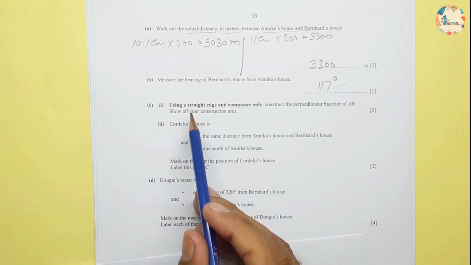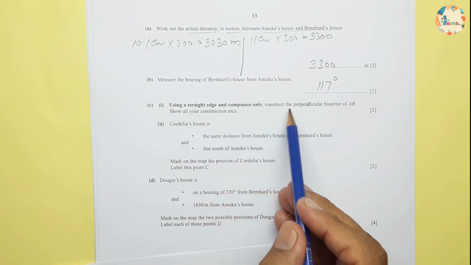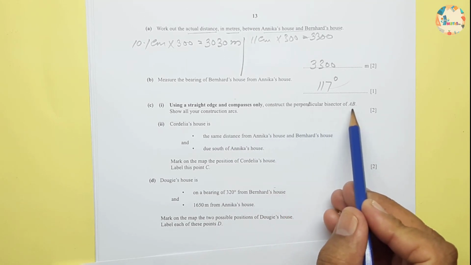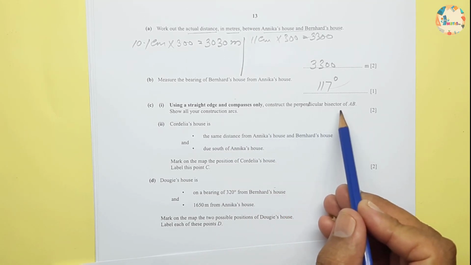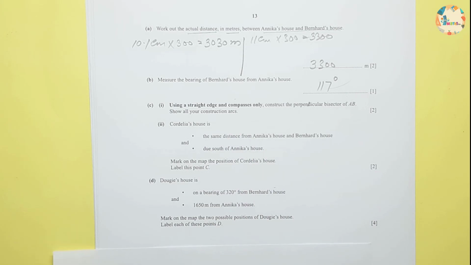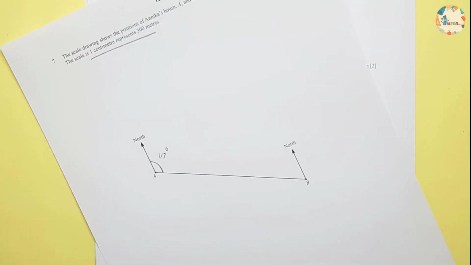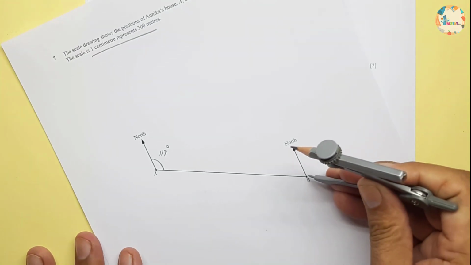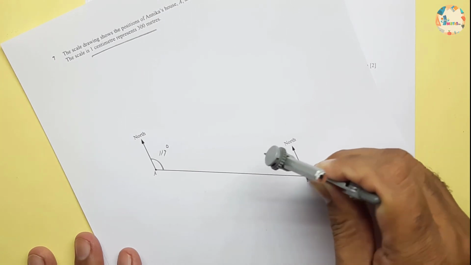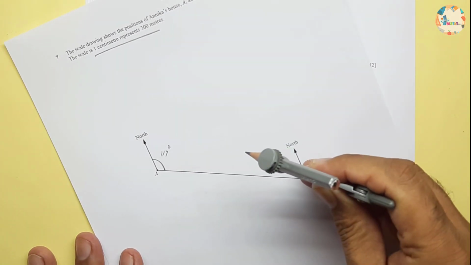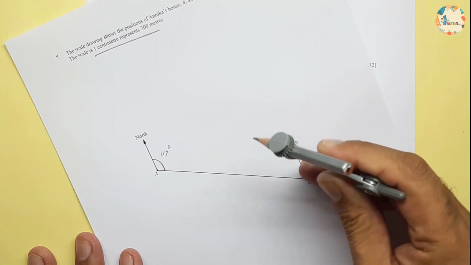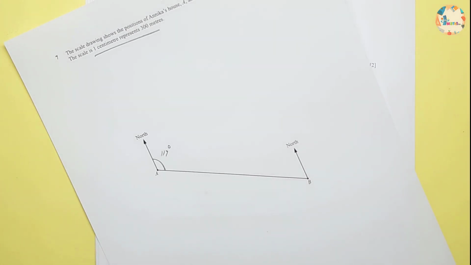Using a straight edge and compass only, construct the perpendicular bisector of AB. Show all your construction arcs. So the perpendicular bisector of AB, we can draw it so easily. You will have to open the compass more than half, a little more.